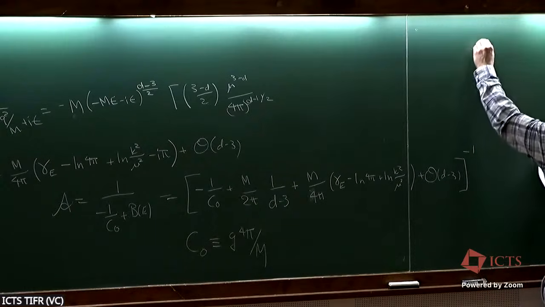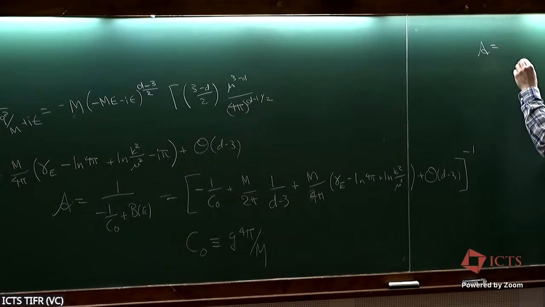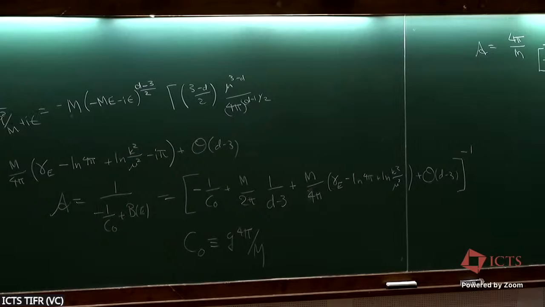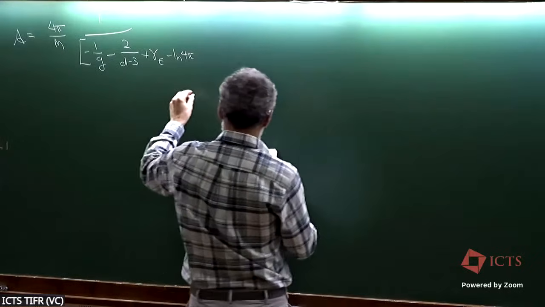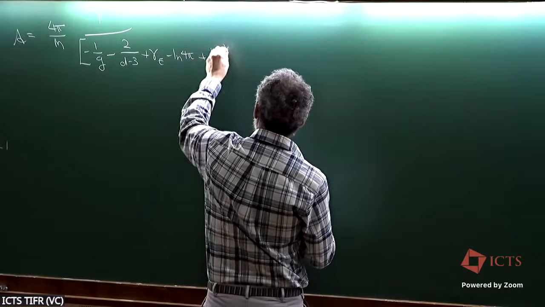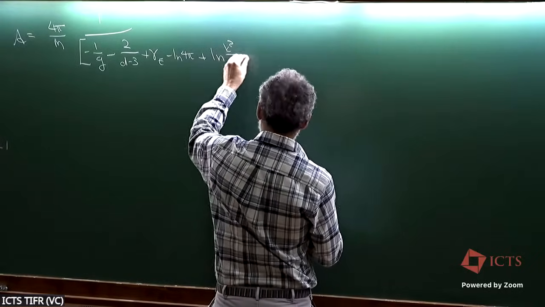And so you find then that A can be written as 4 pi over M, 1 over minus 1 over G, minus 2 over d minus 3, plus gamma E, minus log 4 pi, plus log k squared over mu squared, minus i pi.